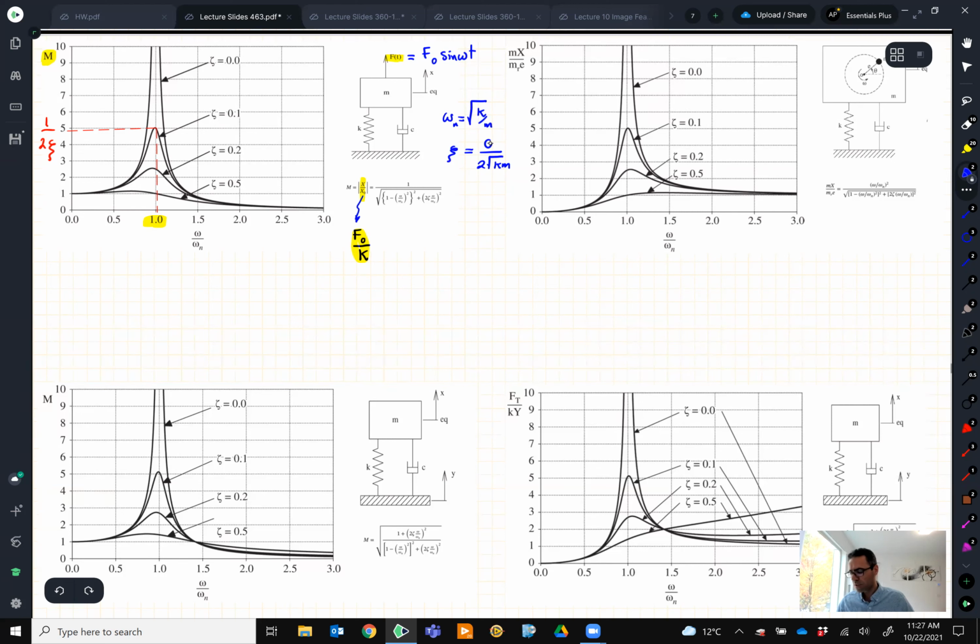Let's say you solve a new system, and for some reason that new system turned out to be M L squared theta double dot plus, just make this up, maybe K A minus M over L, maybe even the units don't seem right, theta, plus something which has C in it, theta dot, equal to F0 sine omega t.